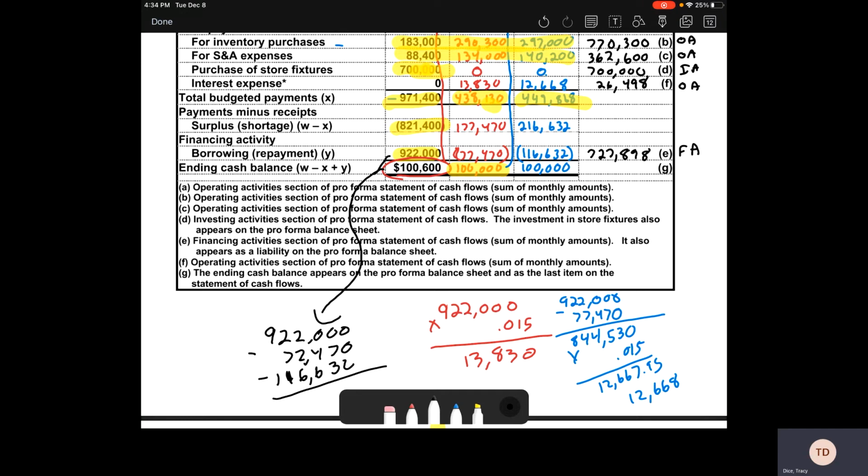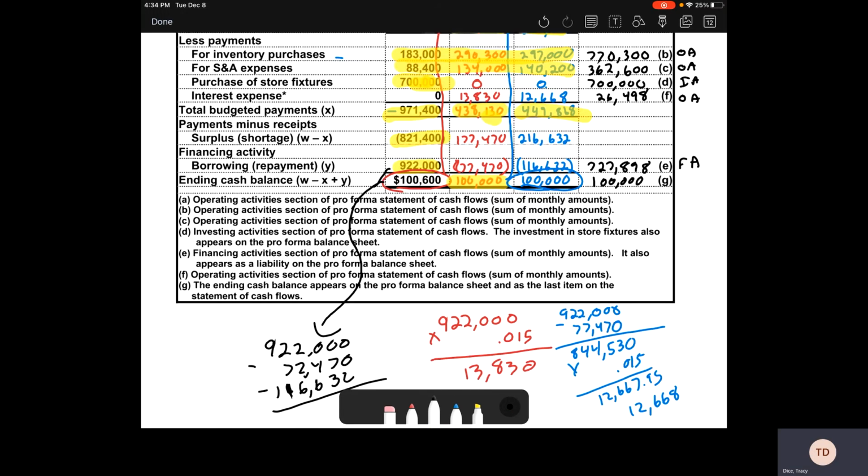Those are our financing flows. And then we've got our ending cash balance that we need to figure out, which is simply this $100,000. That's our ending cash flow. And that is our cash budget.